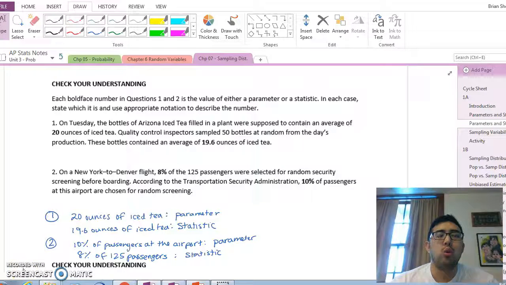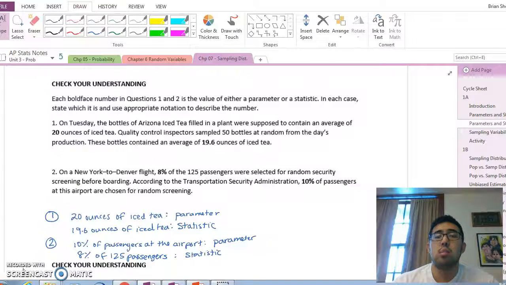Okay, so hopefully you've figured it out. For number one, the 20 ounces of iced tea is the parameter, and 19.6 ounces of iced tea is the statistic. Now, it says here that the Arizona iced tea is supposed to be filled to 20 ounces, right?